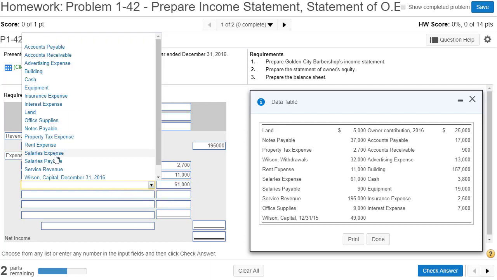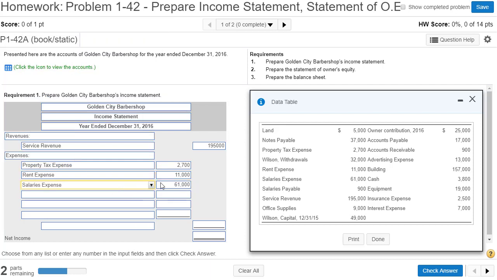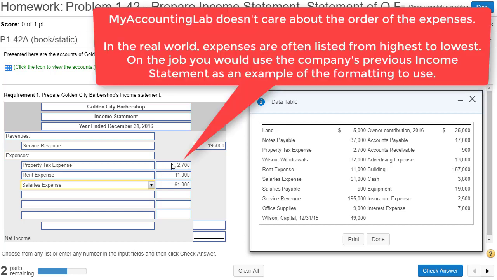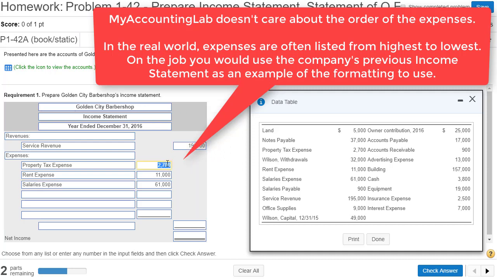Now, in the real world, most companies will list the larger expenses first, so the expenses will be listed from largest to smallest. And like I said, my accounting lab does not care what order you list the expenses as long as you have them on the correct line. In other words, the $2,700 right here needs to be on the property tax expense line.